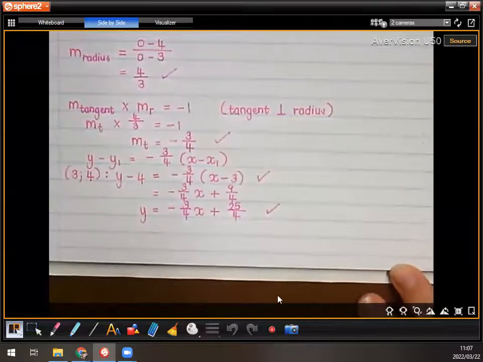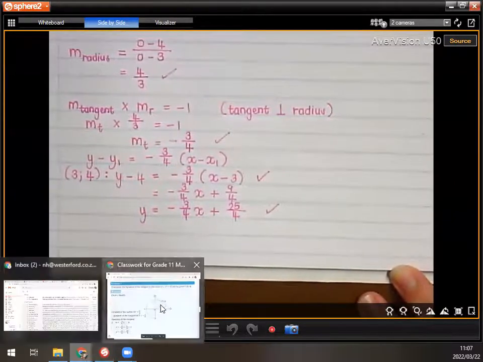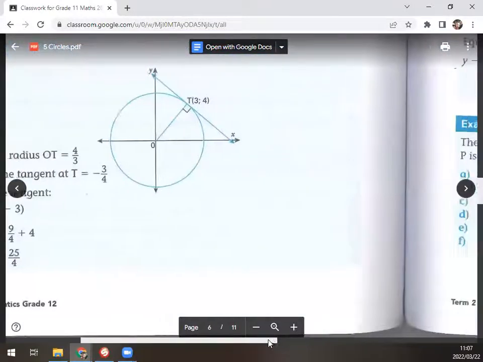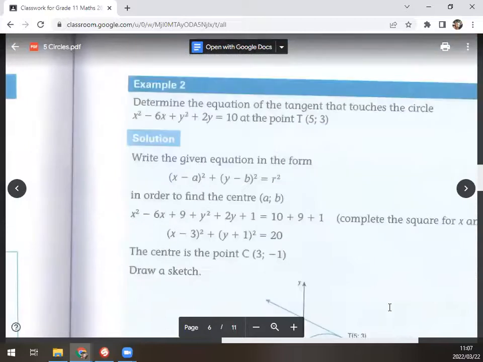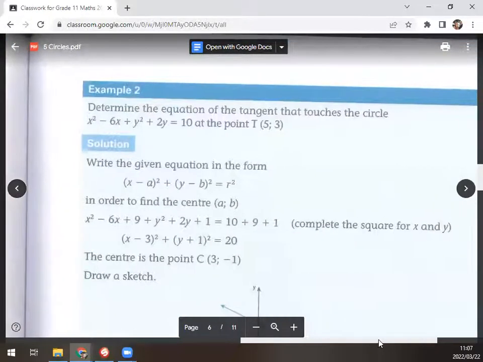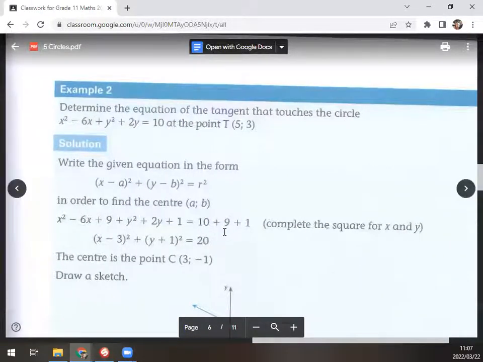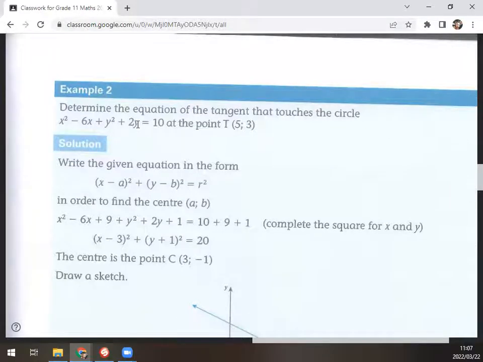I just want to see quickly what the next example is about, because maybe we can determine the equation. Okay, so this is similar, guys, but in this case, you see that the equation of the circle is not given in center radius equation form, right? It's given in standard form.